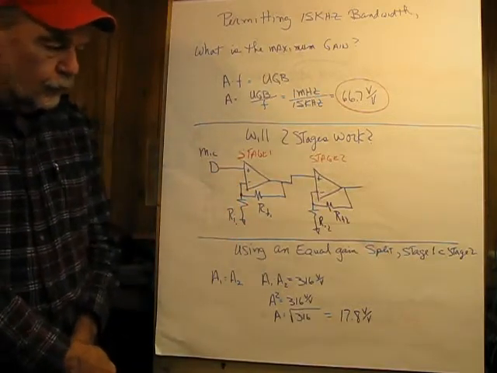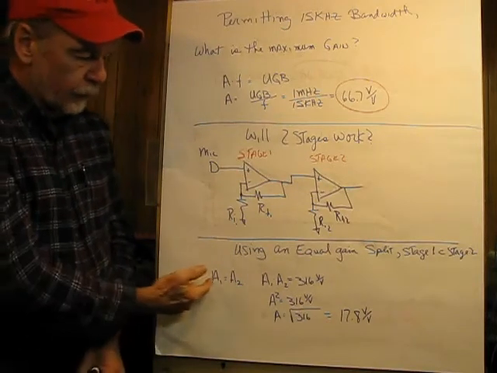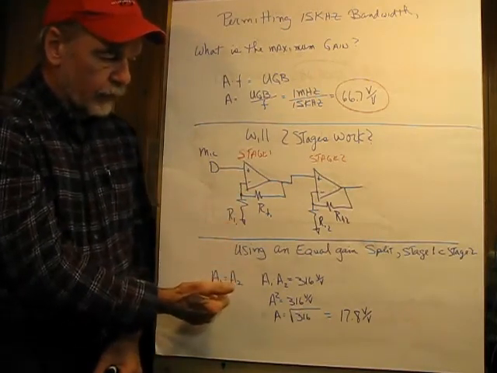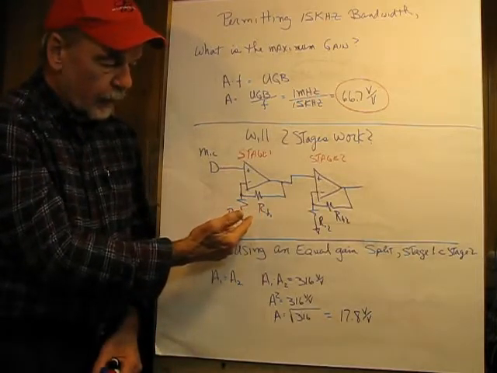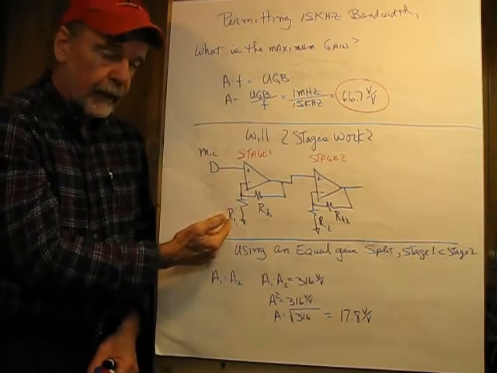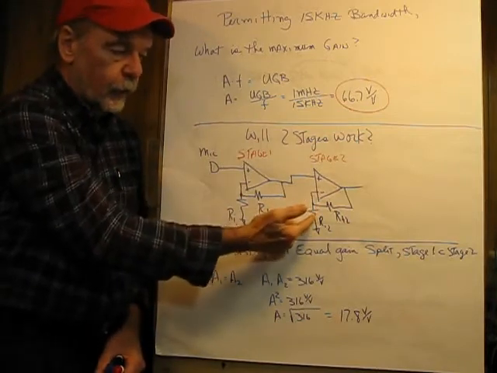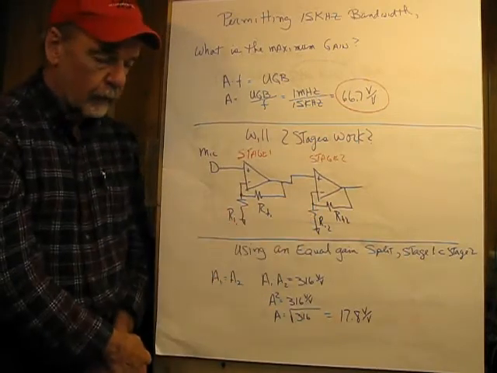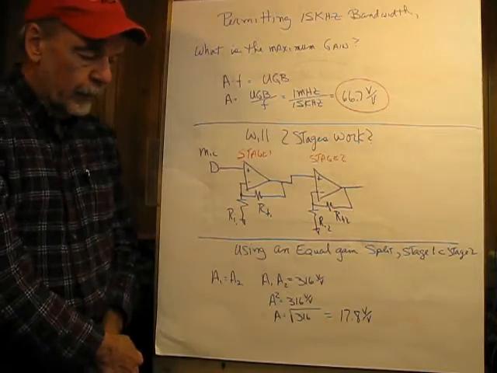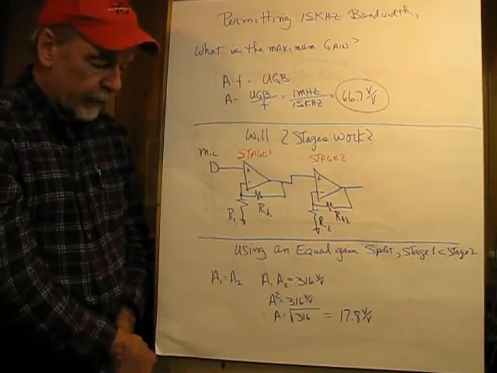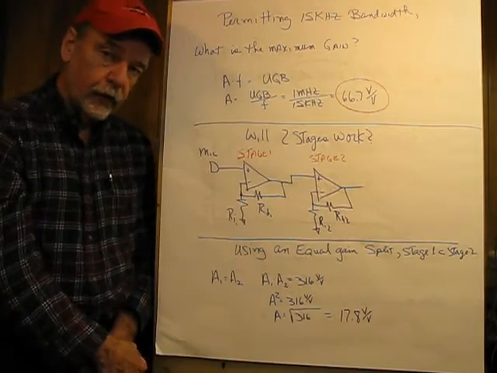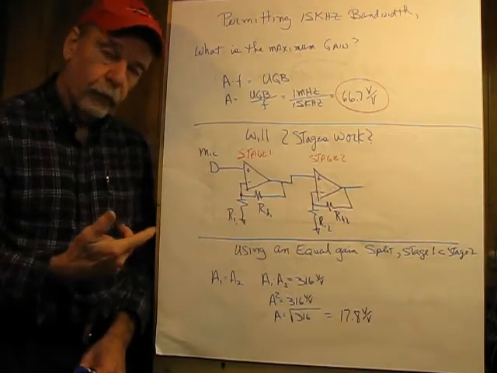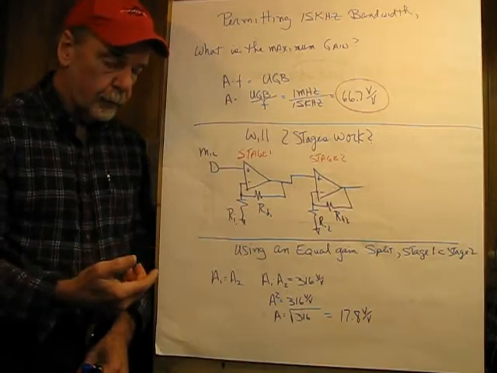So anyway, if we use equal gain here, what we have is the gain of the first stage equals the gain of the second stage. And to put that in English, the ratio of R sub F1 and R sub I1 is equal to the ratio of these two. And that'll provide for equal gain. So to figure that out, we have A1 equals A2, and then the product of the two of them is the desired gain that we want, which is the 316 volts per volt.